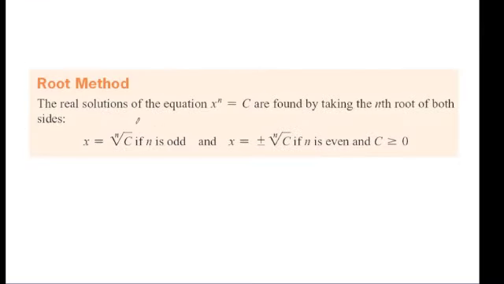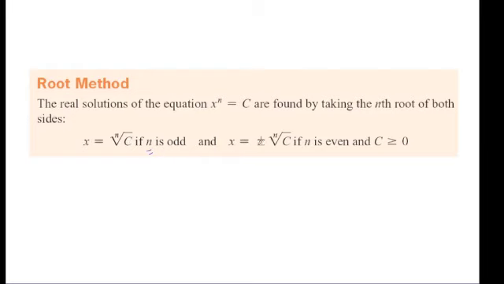Another way to solve polynomial functions is to find the real roots for the equation x to the nth equals c, and take the nth root of both sides. So x equals the nth root of c if n is odd, because then my answer will depend on if c is positive or negative, and we can have a negative root if c is negative.